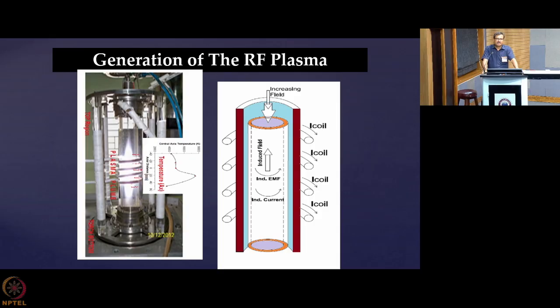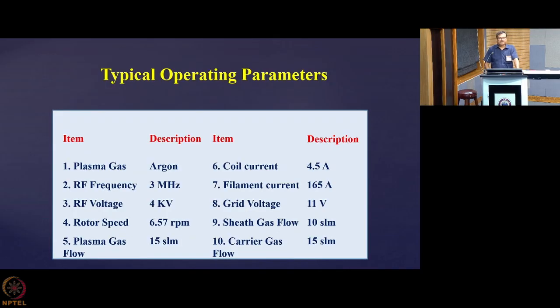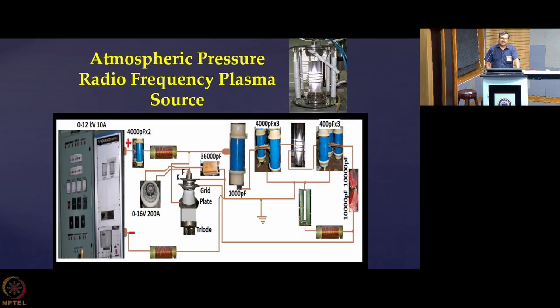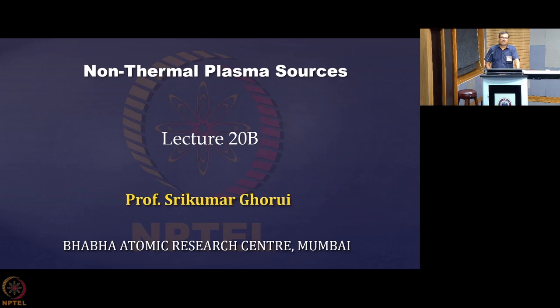That is, electron temperature is the same as the ion temperature or the gas temperature, but they are different from the radiation temperature. So now we will switch from the thermal plasma sources to non-thermal plasma sources.